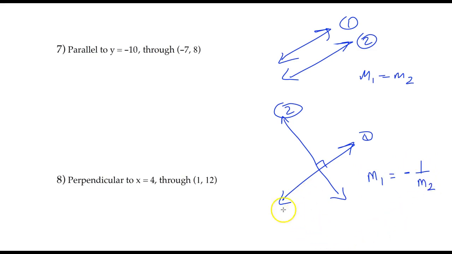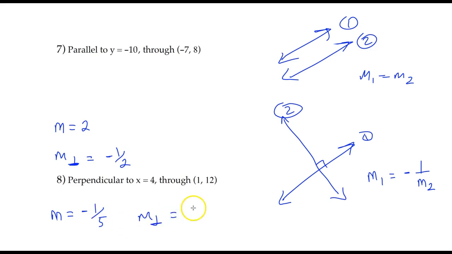If the slope of my original line is 2, the slope of the perpendicular line would be -1/2. Similarly, if the original slope is -1/5, the slope of the perpendicular line would be +5, because the negative reciprocal means we take the opposite sign of the number and then flip the fraction.